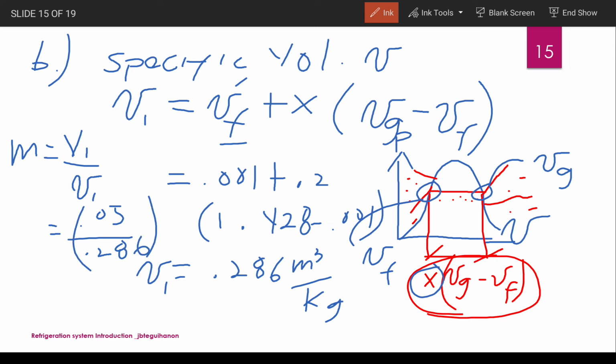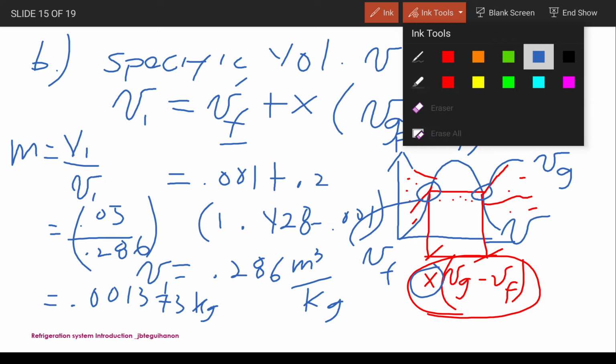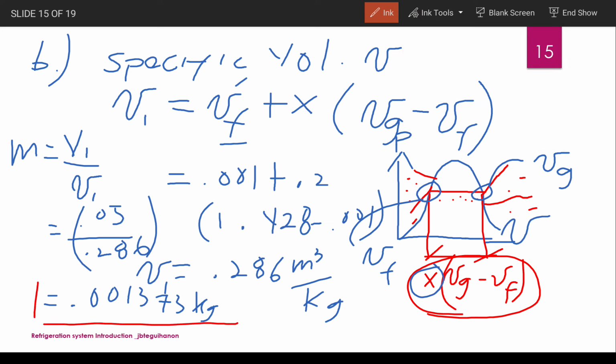Performing the numerical calculation, your mass is equal to 0.01373 kilogram.